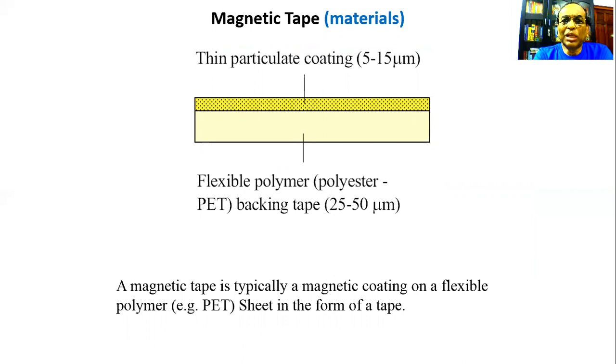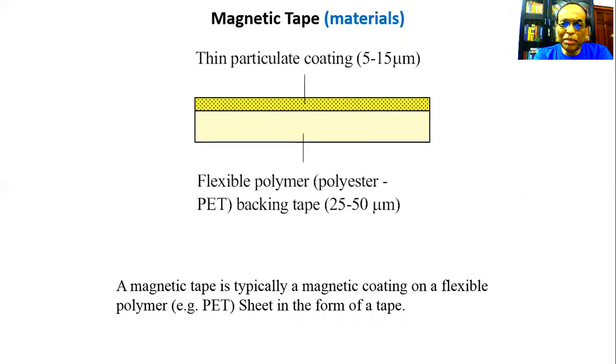This figure shows the magnetic tape scheme. A thin particulate coating, 5 to 15 micrometers, is embedded on the flexible polymer backing material, that is the polyester backing tape, which is 25 to 50 micrometers in thickness.